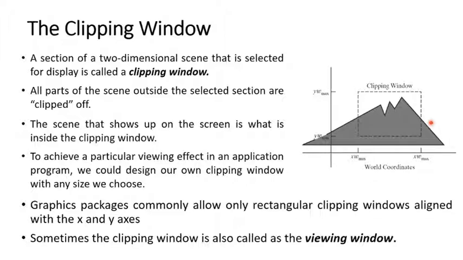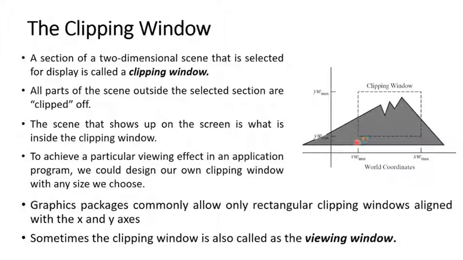Again, the clipping window is defined by you, the programmer. Clipping means removing the unnecessary portion, whichever is outside the clipping window. That activity is called clipping, and the window we select here is called the clipping window.